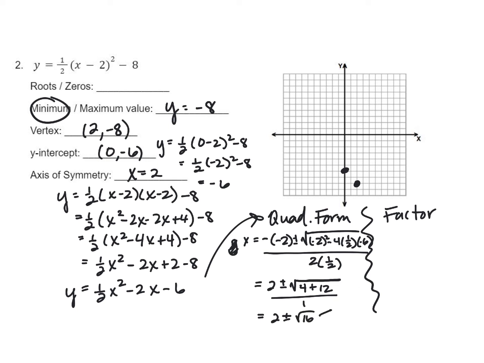And so then my two answers, one of them is 2 plus 4, and then the other one's going to be 2 minus 4. So we end up with 6 and -2. So I'm going to write those down, and then I'll finish up the parabola.